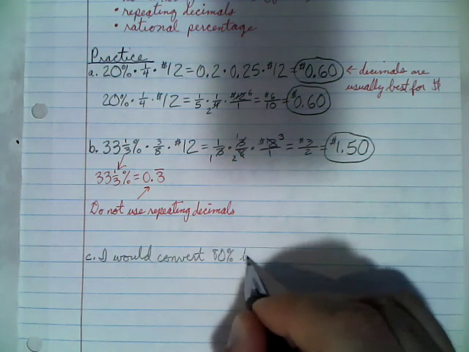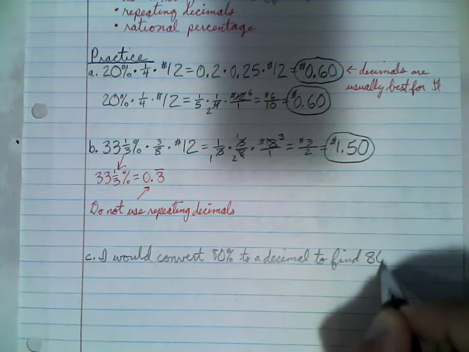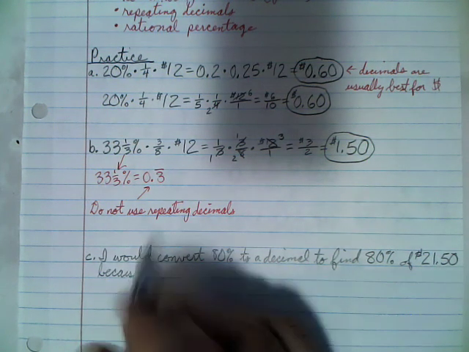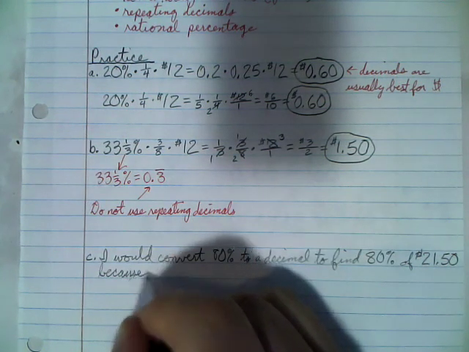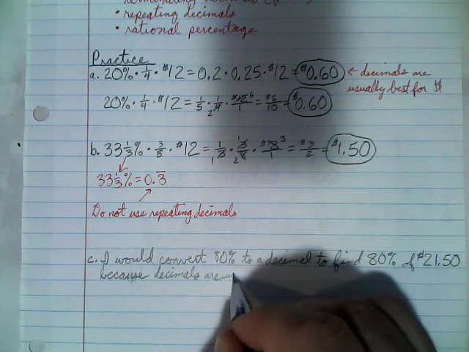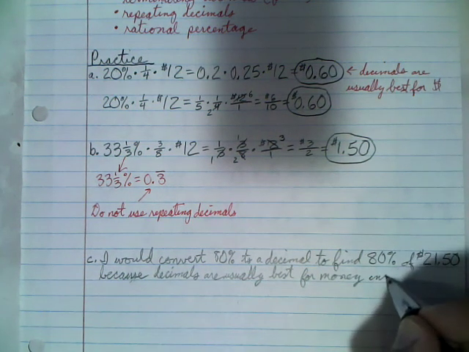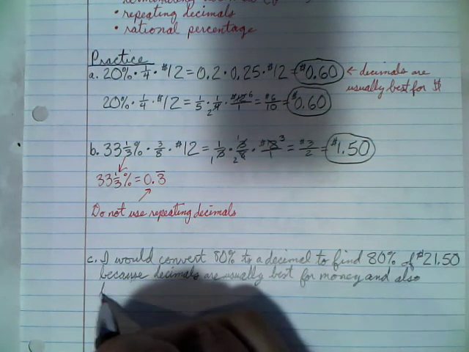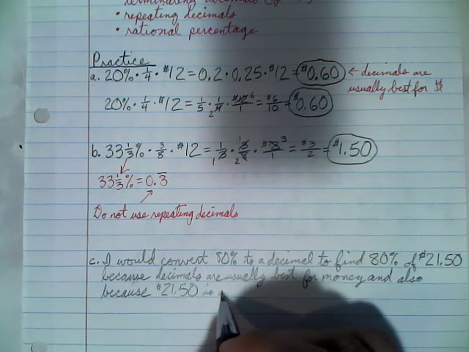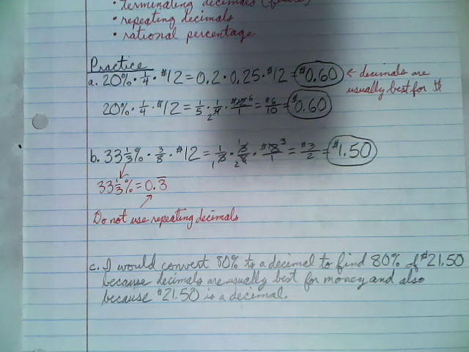I would convert 80% to a decimal to find 80% of $21.50 because decimals are usually best for money, and also because $21.50 is a decimal. So a sentence on your homework should look something like that.